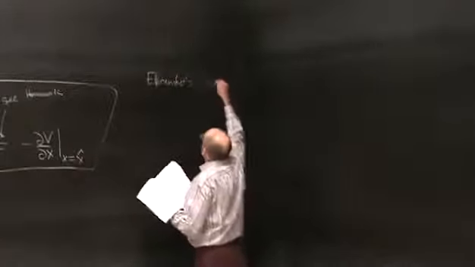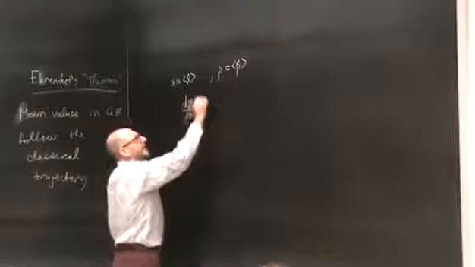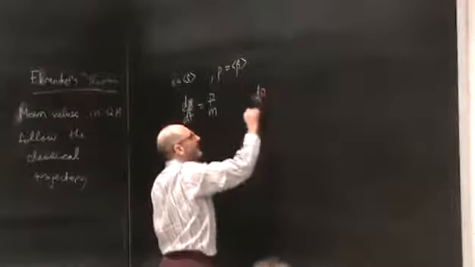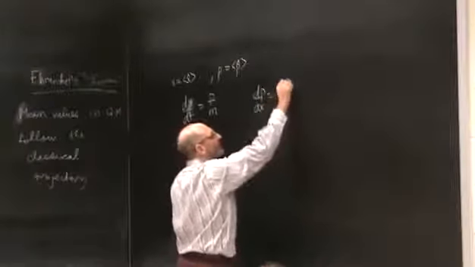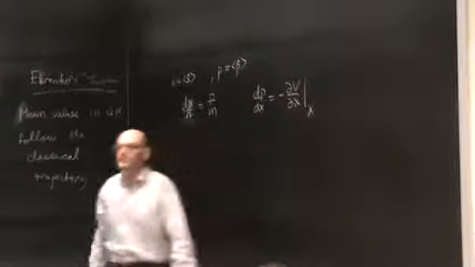That is to say, if I let x equal the expected value of x and p equal the expected value of p, then dx/dt is p over m, and dp/dt is equal to minus the derivative of the potential evaluated at x.